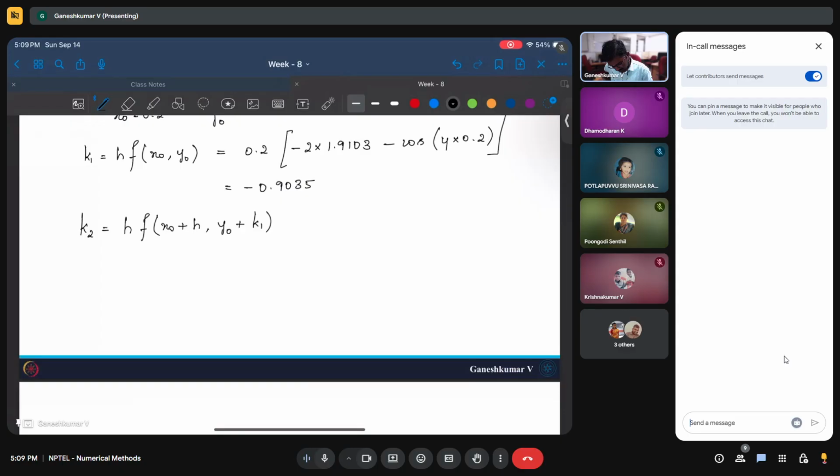Now this becomes 0.2 into minus 2 into y naught, which is 1.9103, plus K1, which is minus 0.9035, minus cos of x naught plus h, which is 0.2 plus 0.2, which is 0.4, cos of 4 into 0.4.